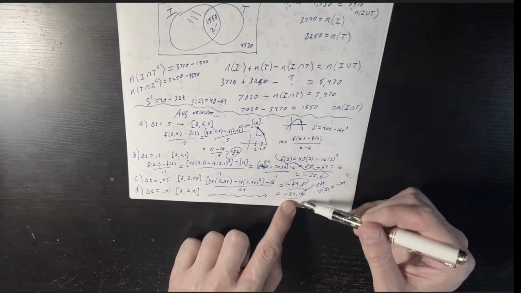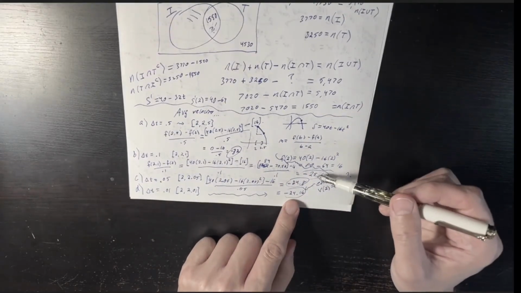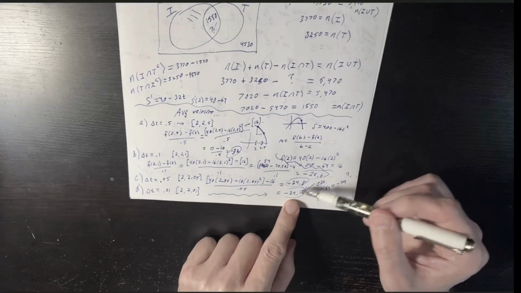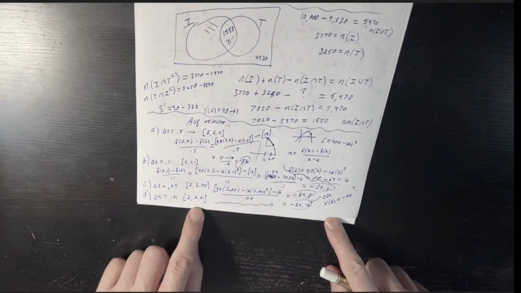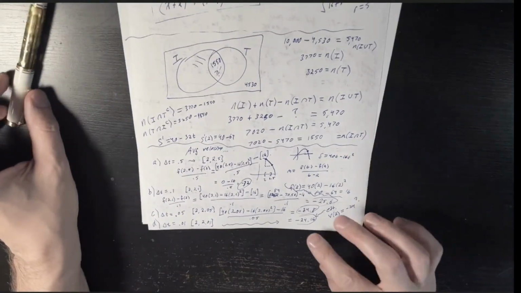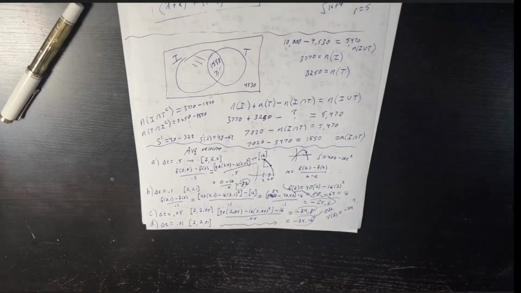It seems to be slowing down. There was a big jump from 32 to 25, but then it's jumping less and less as we take these finer and finer steps close to 2. So it seems like it's approaching negative 24, and that is actually correct. That's exactly what it is.